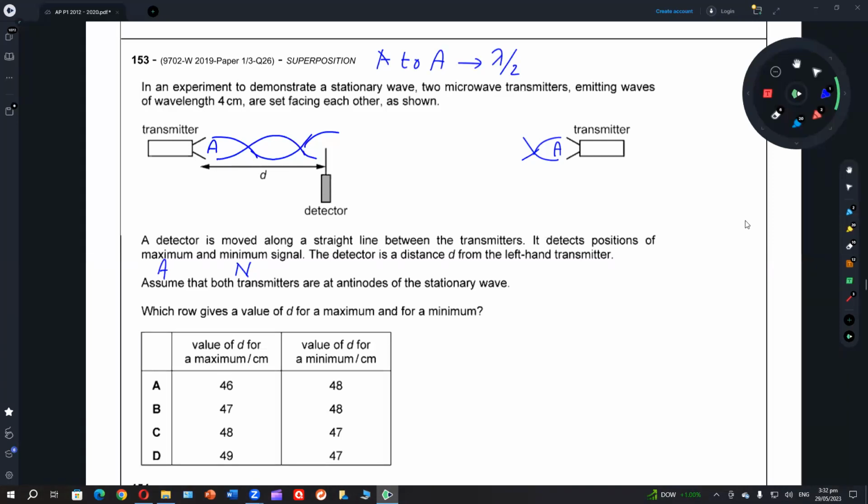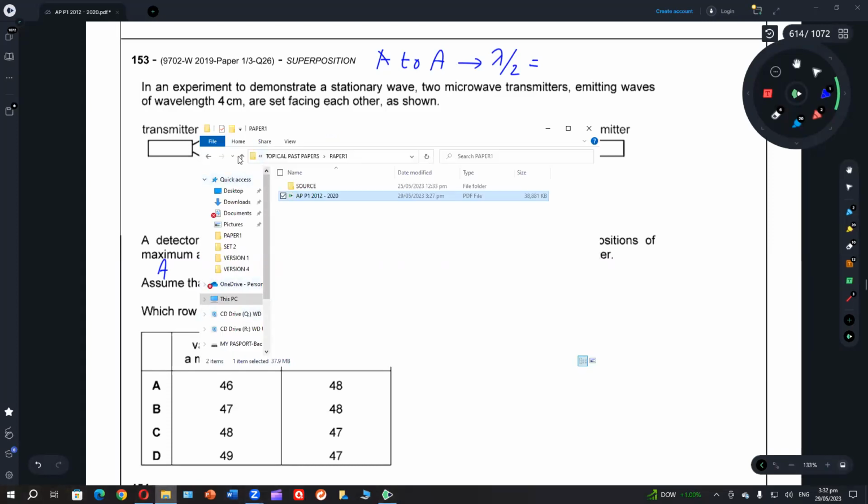So lambda is 4. Lambda by 2 means 4 by 2, and it will be 2 centimeter.